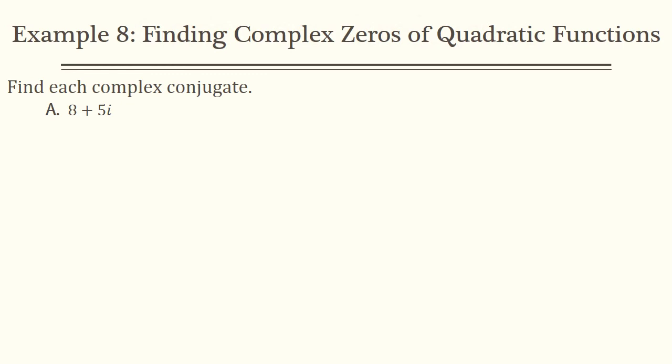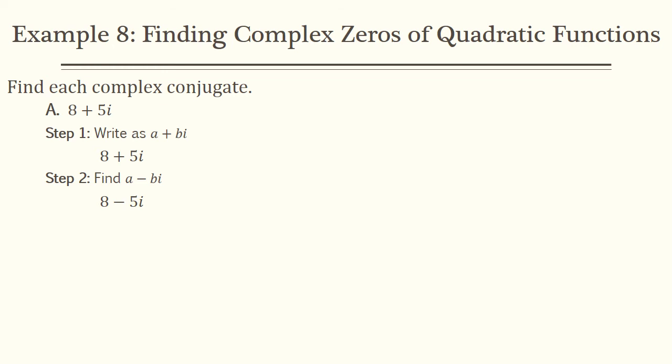So if I have 8 plus 5i, my first step, I'm going to write it as a plus bi, which is 8 plus 5i. Second step, you need to find its complex conjugate, a minus bi. So in order of doing that, I just replace the a and the b. So I get 8 minus 5i.